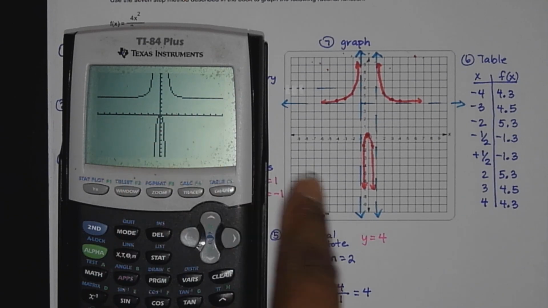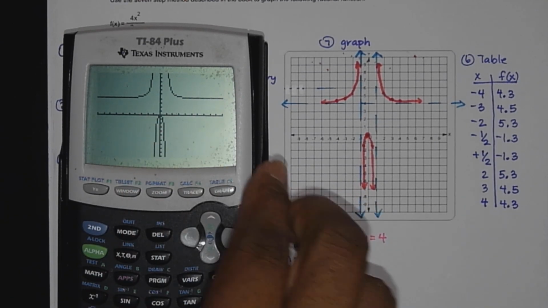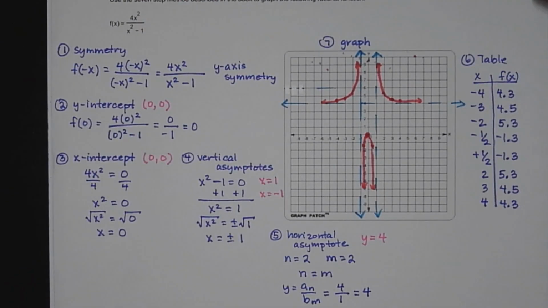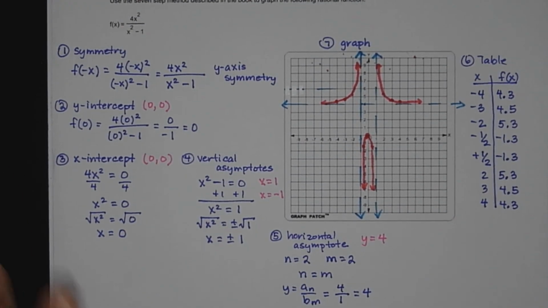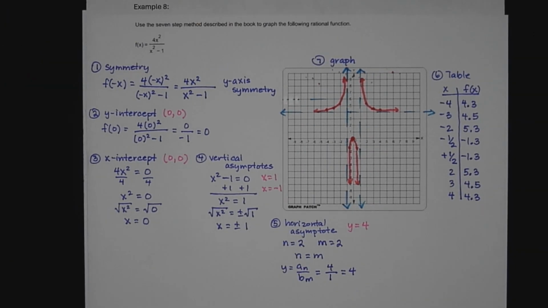Because see, that part right there is this part here. Okay, so that's all I need to cover in this video. So reach out to me if you have any questions about anything that has been discussed in this video or any of the homework that's in section 3.5 dealing with rational functions and their graphs.